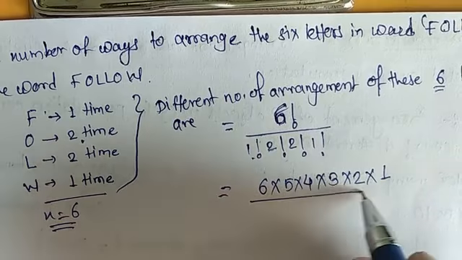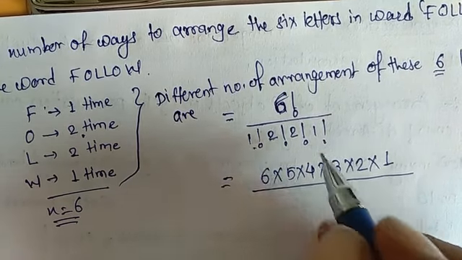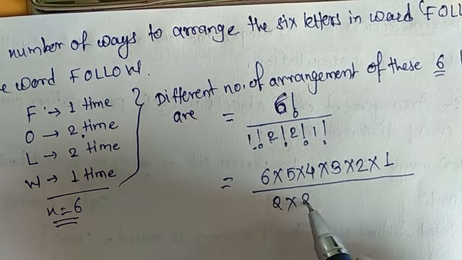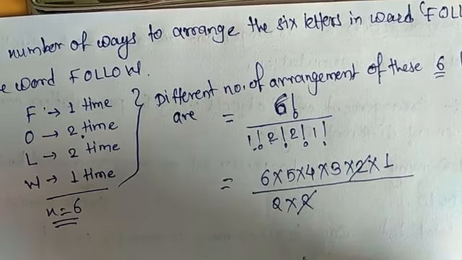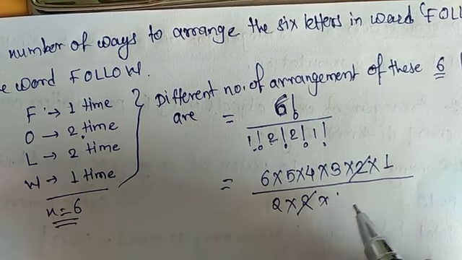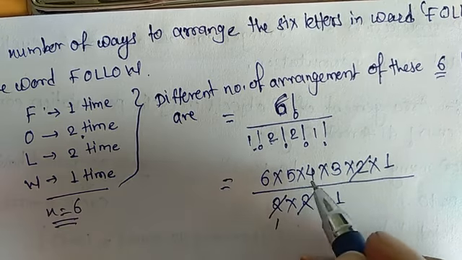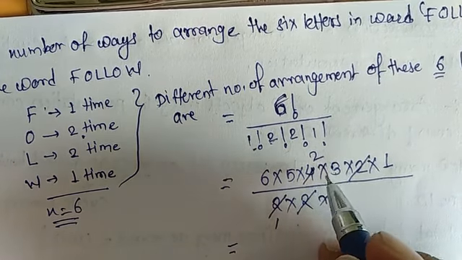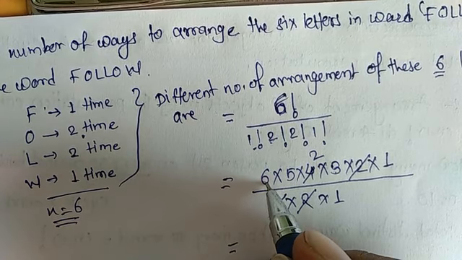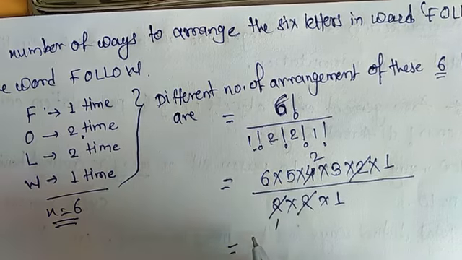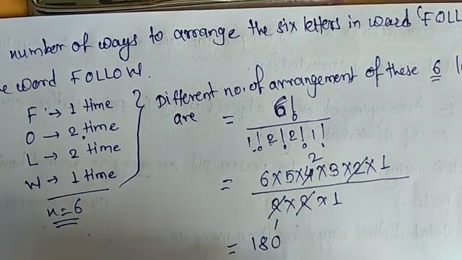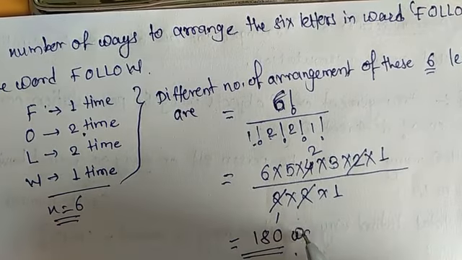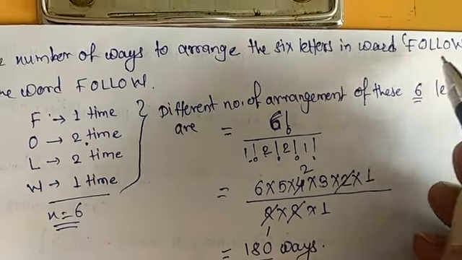The 2 factorials are 2 and 2, so they get cancelled. The total calculation is 3 twos are 6, 6 fives are 30... giving 36, and into 5 is 180. So there are 180 ways to arrange the word FOLLOW.